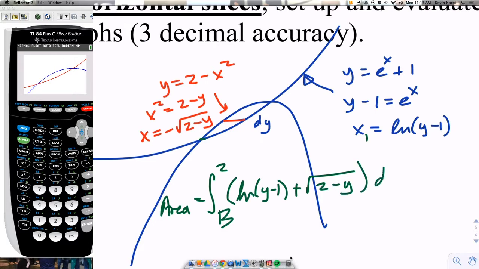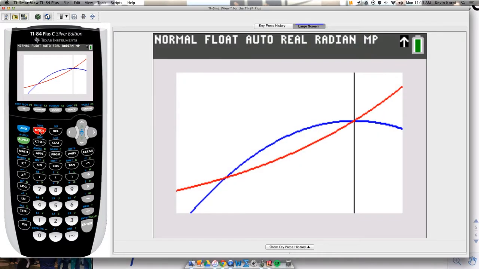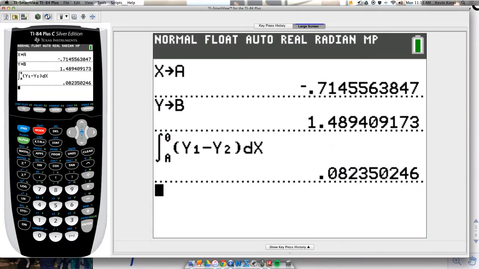Now, in this case, I don't think there's a real advantage to calling it x sub 1 and x sub 2 other than the setup, because you still have to type those equations in. It's not like you can recall them from y1 and y2. But when you subtract the negative, notice it turns to positive. So there would be your integral setup. Back to the home screen now, math number 9, from alpha b up to 2.